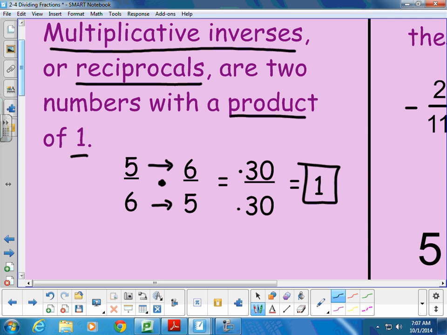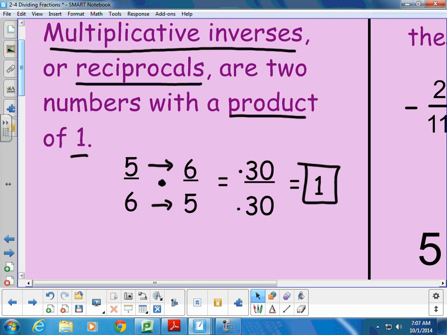Okay, so it's kind of a fun word to say, and it kind of helps you remember what exactly you're doing. And they are the multiplicative inverse, because inverse we think of as opposite. Being upside down is kind of opposite. And it's multiplicative because when you multiply those two things together, you will get a product of 1.